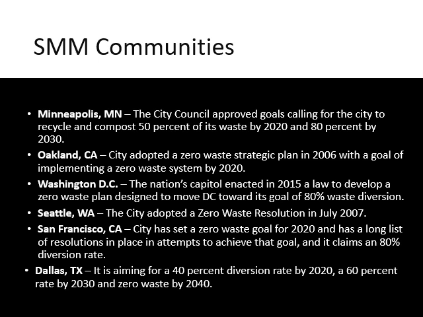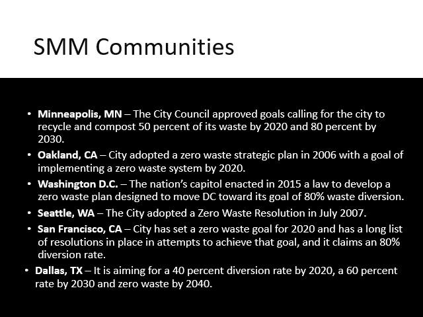Washington, D.C., they enacted a law to develop a zero waste plan designed to move the District of Columbia toward a goal of 80% waste diversion. Seattle, Washington adopted their zero waste resolution in July 2007. So there are resolutions, there are ordinances, there's a variety of different things that you can do.